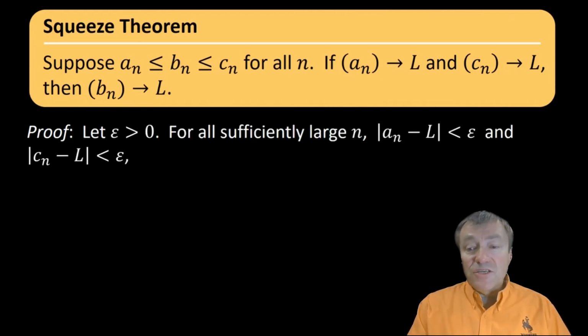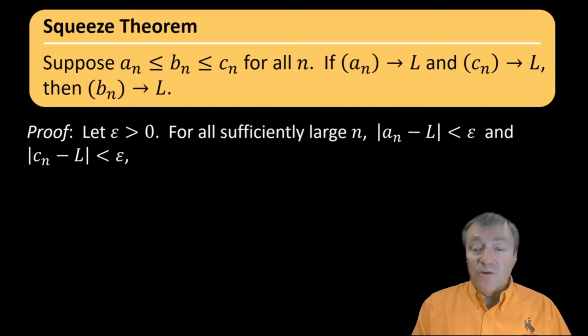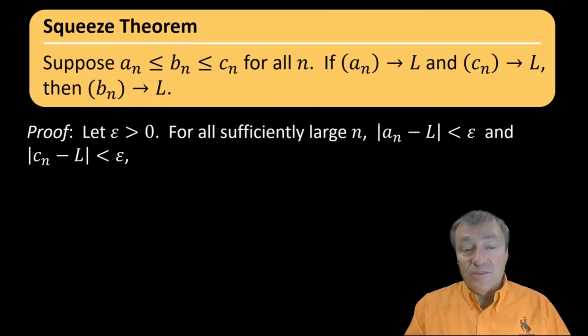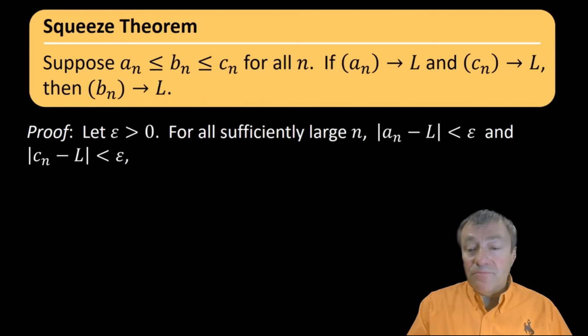For all sufficiently large n, the an's and cn's are all within epsilon of the same limit L. You could say there should really be some n1 for the first inequality and an n2 for the second inequality. I'll explain that point shortly, but let's proceed the way we're going here.